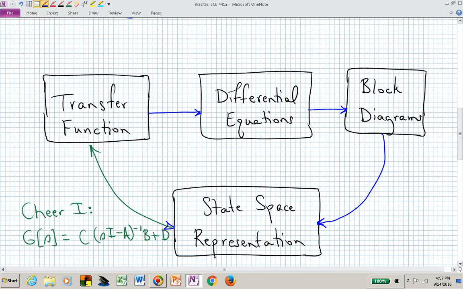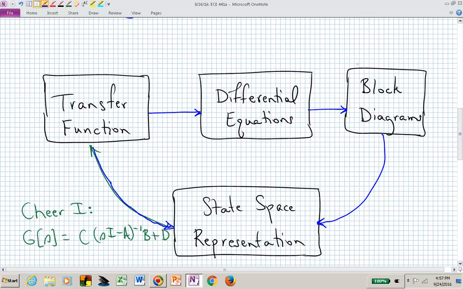Now that we've gone that path, we can bypass that process and use the results to go directly from a transfer function to a state space representation.